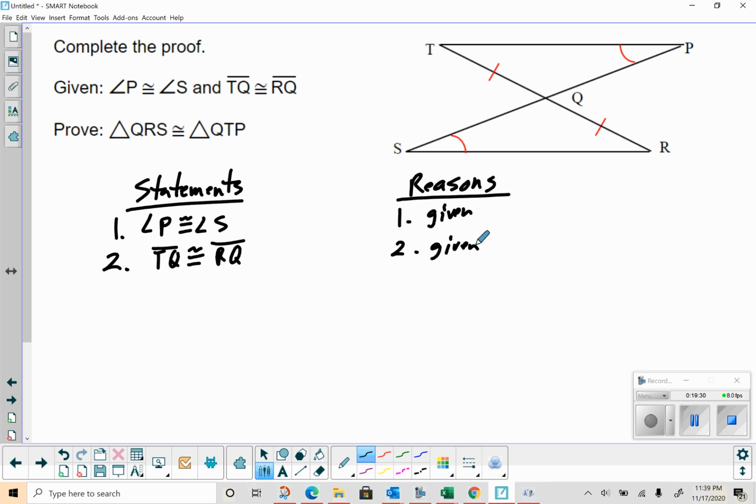Now, how well have you been paying attention? We have several triangle congruence theorems. We have the side-side-side congruence theorem, the side-angle-side congruence theorem. Today we've added the angle-side-angle congruence theorem and the angle-angle-side congruence theorem.